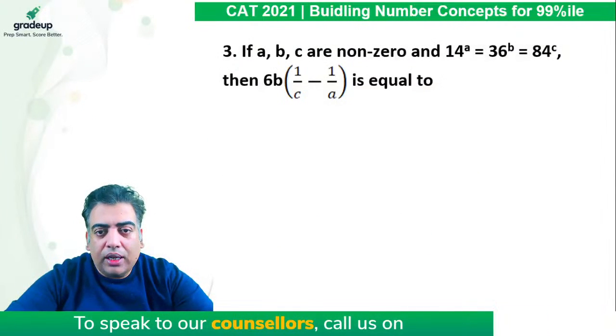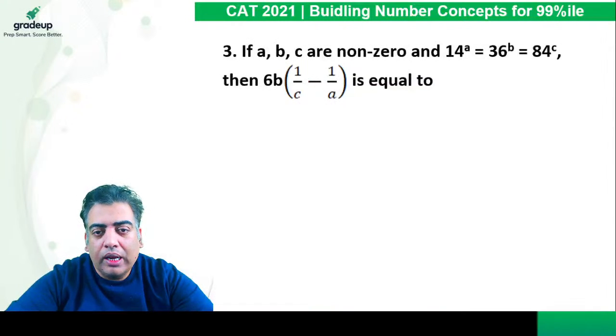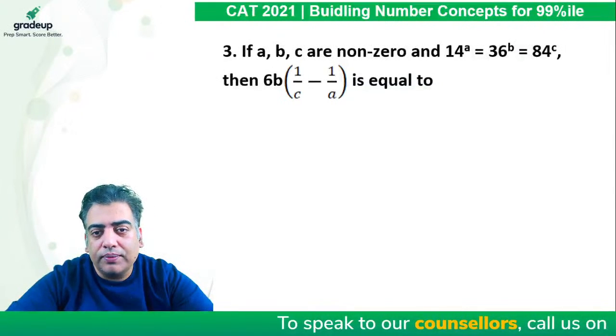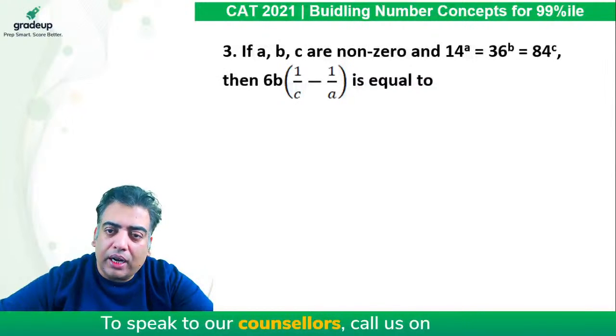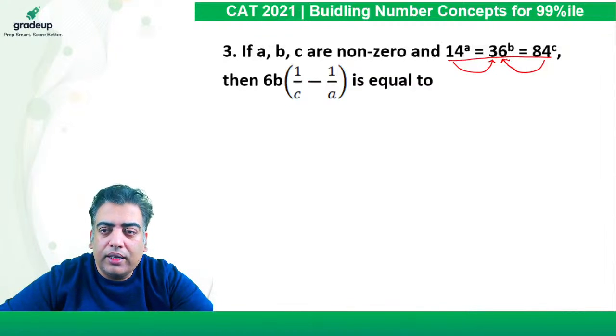So here it says if A, B, C are non-zero and 14 raised to power A equals 36 raised to power B equals 84 raised to power C, then we are required to find the value of 6B into 1 upon C minus 1 upon A. So as A, B, C are non-zero and these three are given to me equal, what I am doing is equating these two at a time and then these two at a time, right?